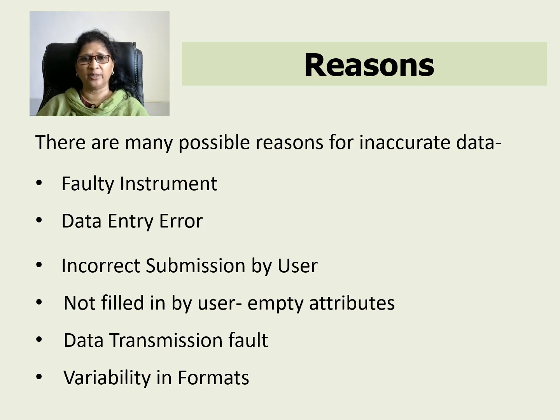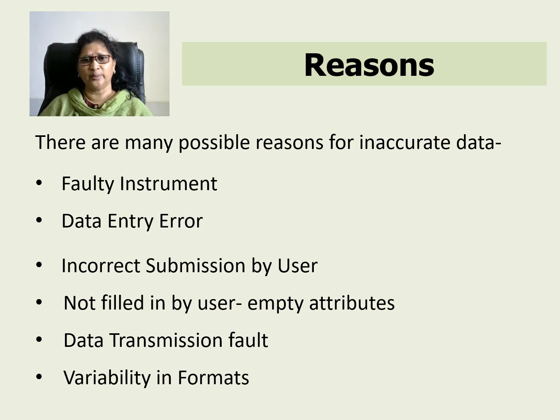Often in today's world of IoT, or when we have an interface of electronic devices, we have some data collection devices, maybe temperature measurement or humidity measurement devices. When they are connected, they capture the data and send it to a server. In that case, if the instrument itself is faulty, the data collection is going to be faulty.